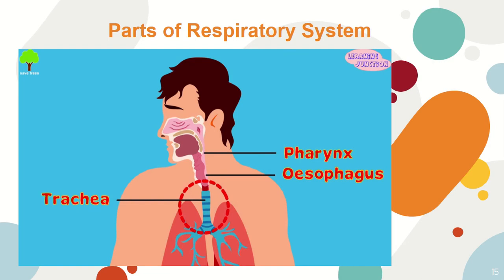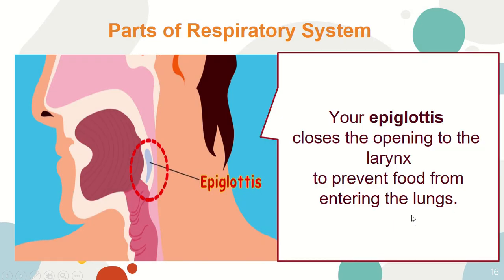On that part, we have the diagram. This is the pharynx. And on that, we have what we call the epiglottis. When food is swallowed, the epiglottis closes the opening to the larynx to prevent food from entering the lungs.